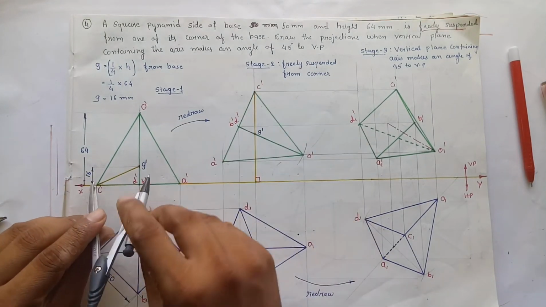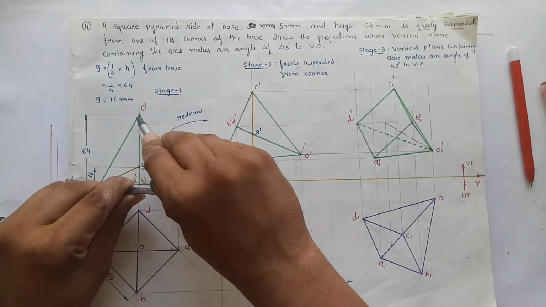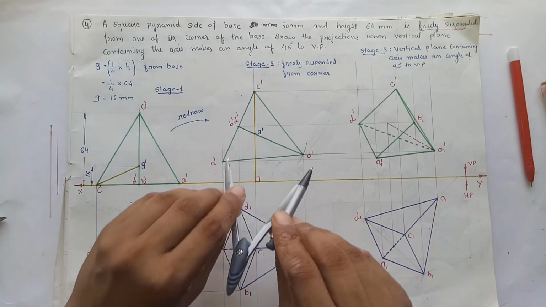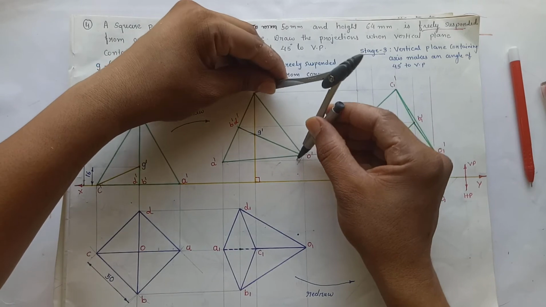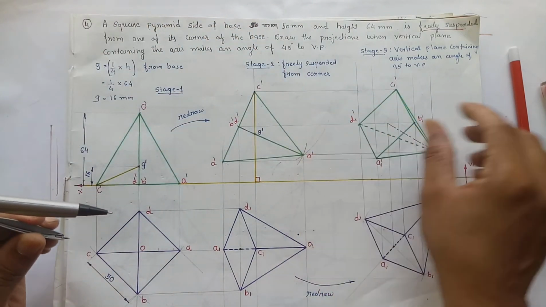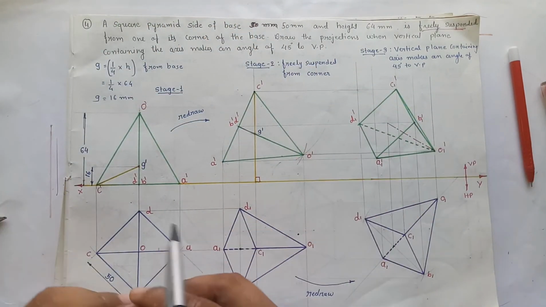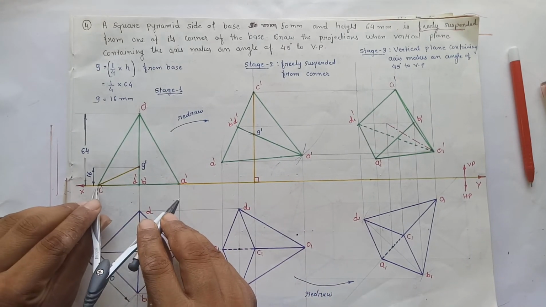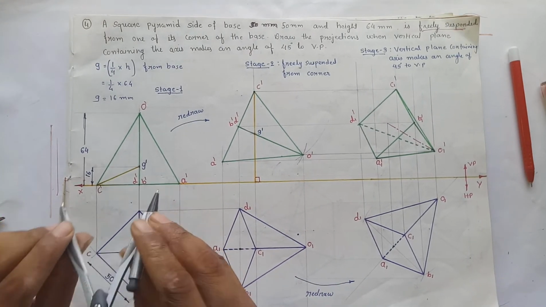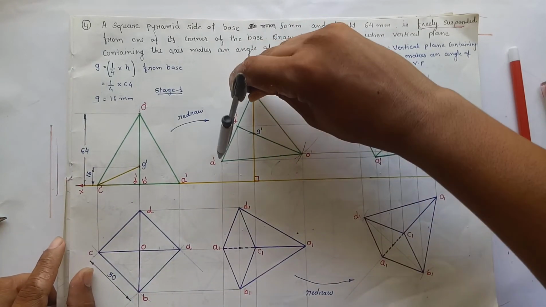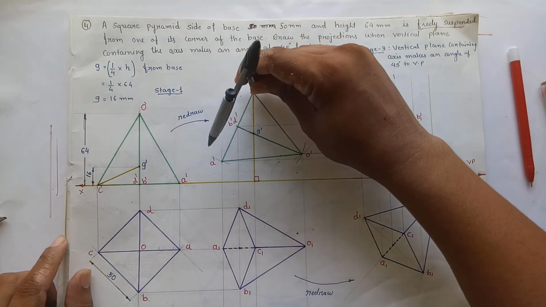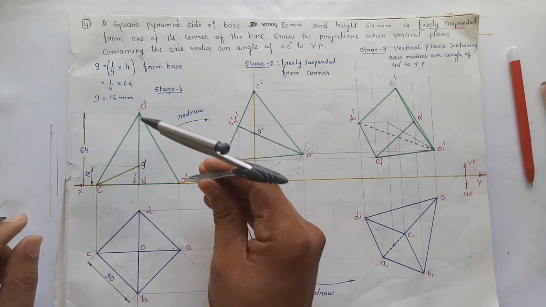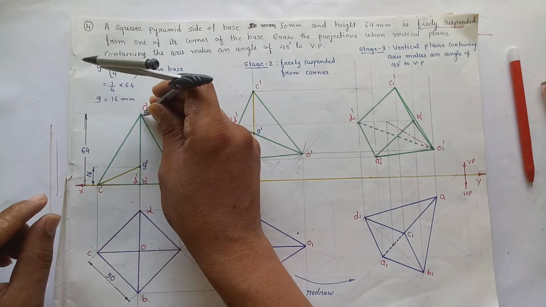Now we have the C dash point. So measure C dash to O dash and mark it. So now mark the point O dash. After marking point O dash, A dash is remaining. So measure C dash to A dash and give an arc from C dash to A dash, and we have O dash also.